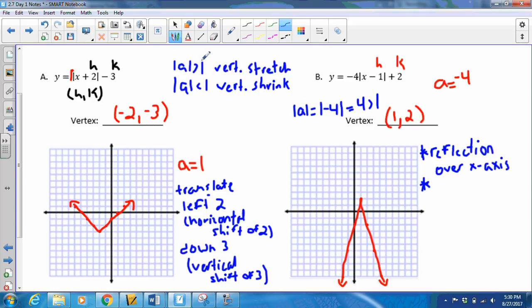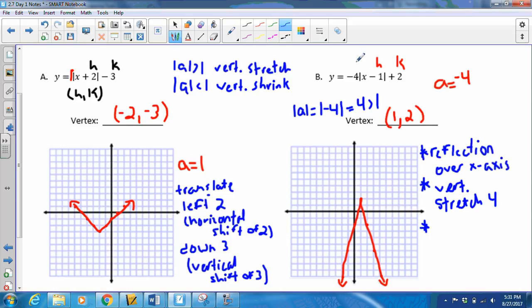So because it's greater than 1, this is a vertical stretch. So we write a vertical stretch. And then make sure you write what the factor is. So we say vertical stretch, and then you say a 4. Now we're not doing -4 because really the negative just tells us if our graph reflects or not. Really we're just stretching by 4. That's it. Okay, so we have a vertical stretch of 4.